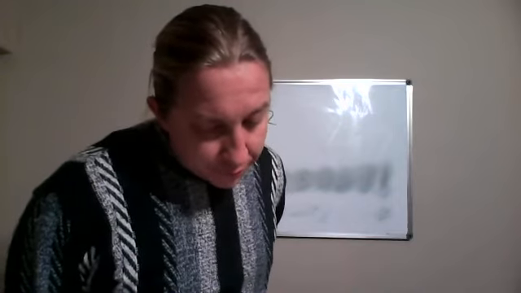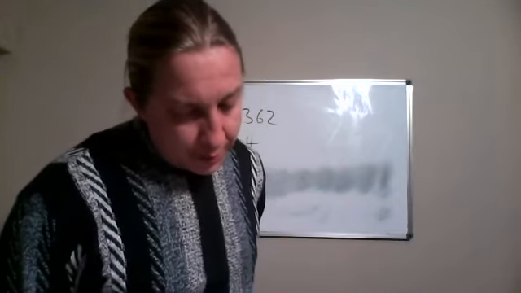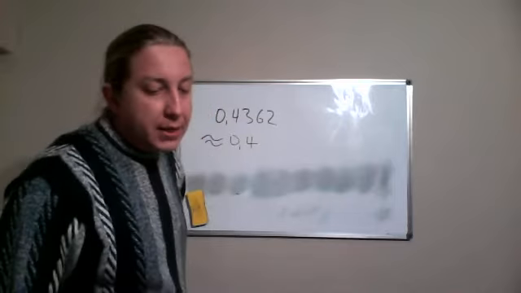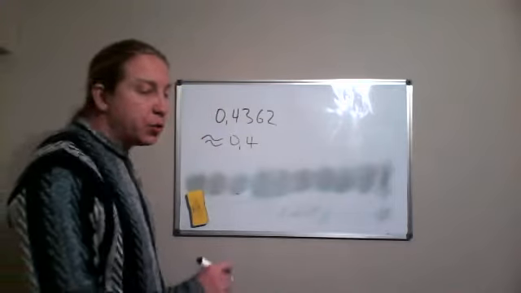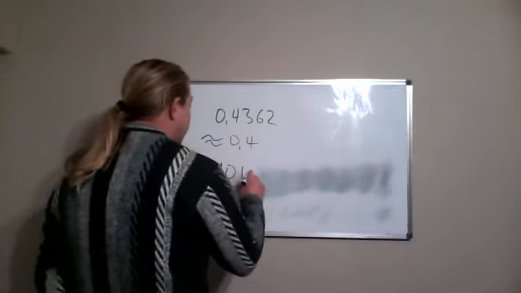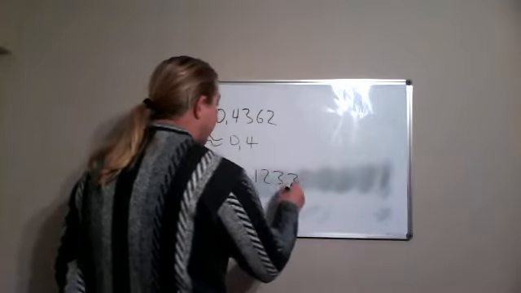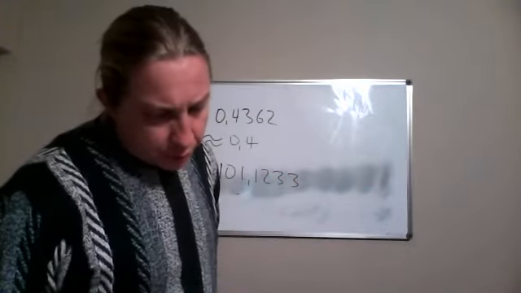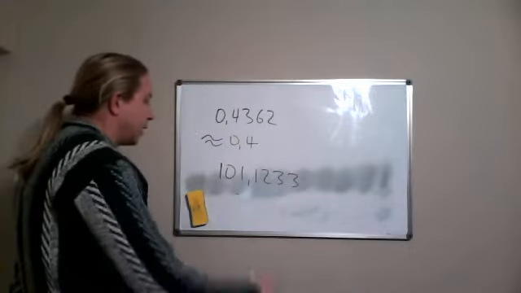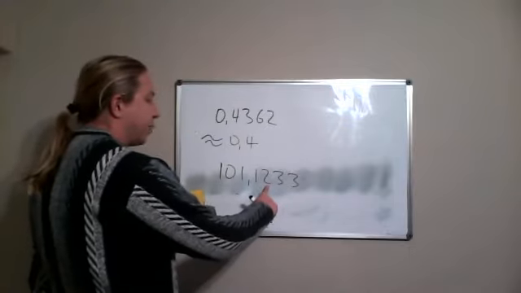Okay. Right, so B is exactly the same. C, round off the following numbers to 2 decimal places. Okay, so 2 decimal places, 101.1233. Let's see, 1233, 2 decimal places. So we go to the second decimal place here.